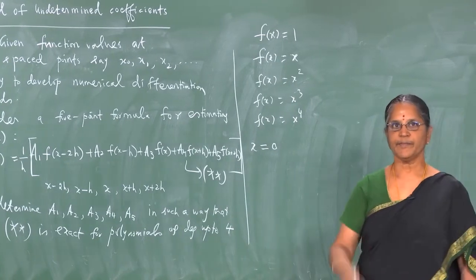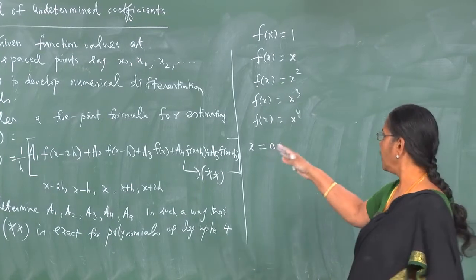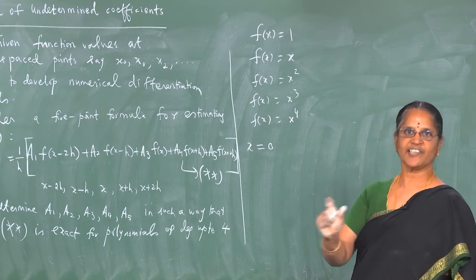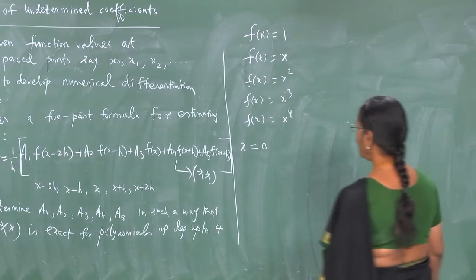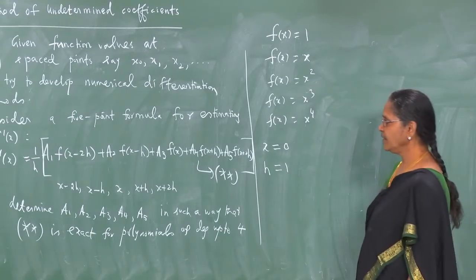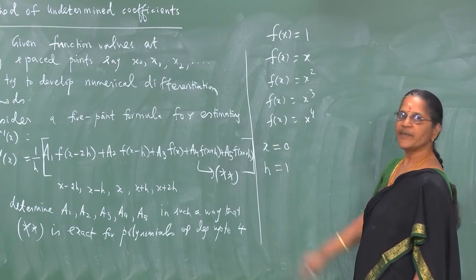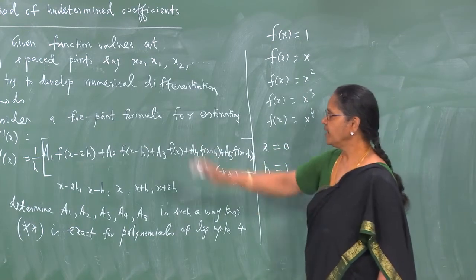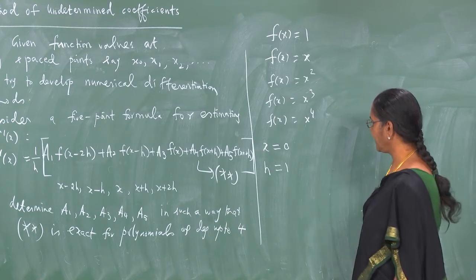And thirdly, the method that we are going to obtain should be independent of the step size h, and therefore, we take h equal to 1 in this method and then obtain the numerical differentiation method for approximating f prime of x.